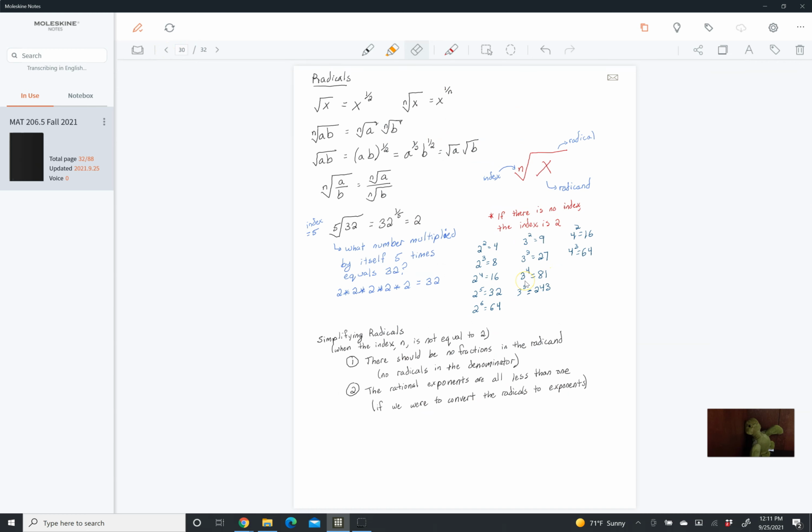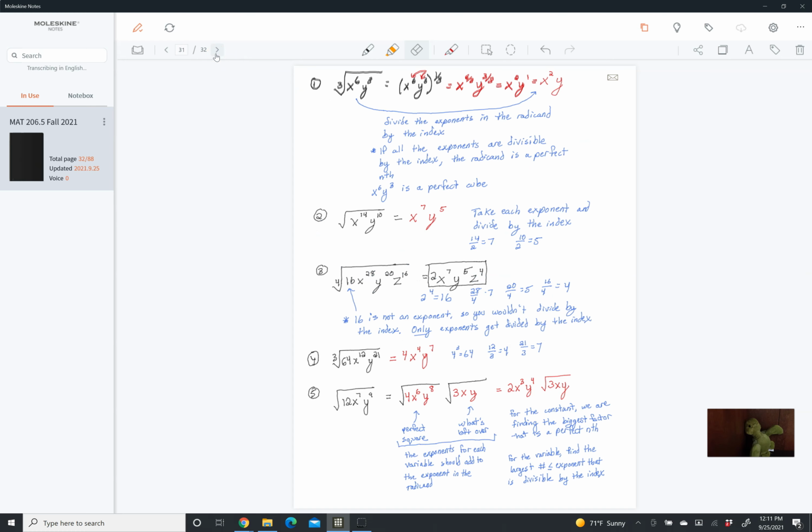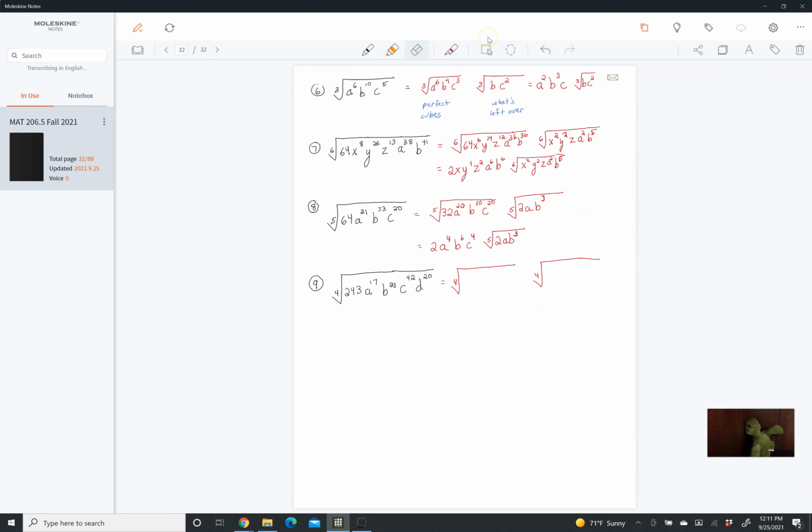Okay, 81 is a perfect 4th, and 243 is 81 times 3. So the factors of 243 are 81, which is the perfect 4th, and 3. Notice they multiply to 243. It takes just a little bit of trial and error. You're looking for the factors of 243, and then once you find them, raise them to the 1/4 power. You can do that in your calculator and see if you get an integer.